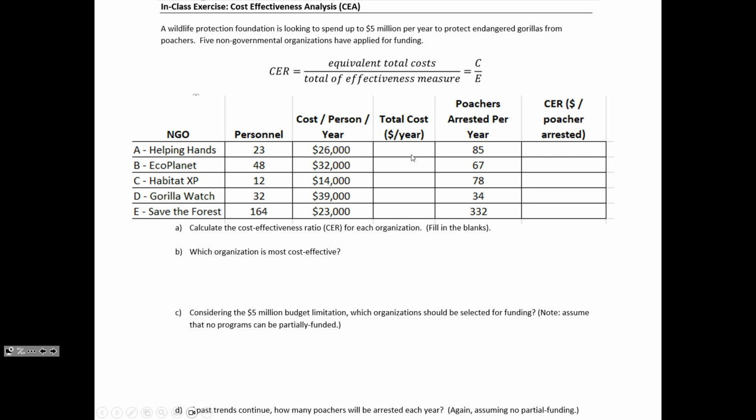So obviously total cost is just going to be personnel multiplied by cost per person. And then the cost effectiveness ratio will be number of dollars, so the budget, divided by the poachers arrested.